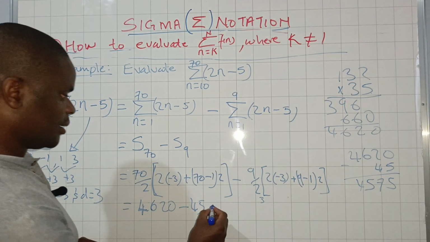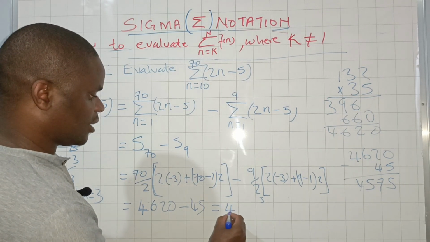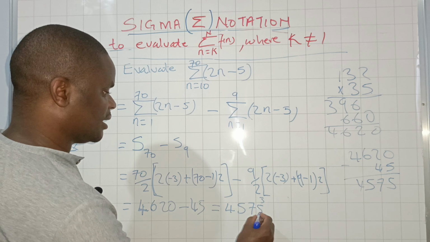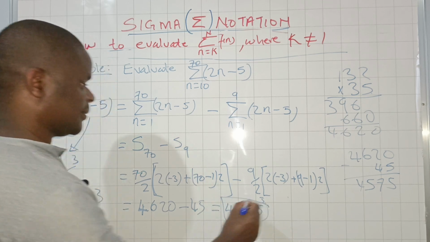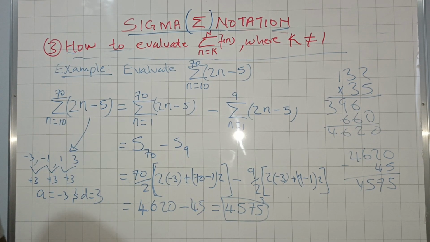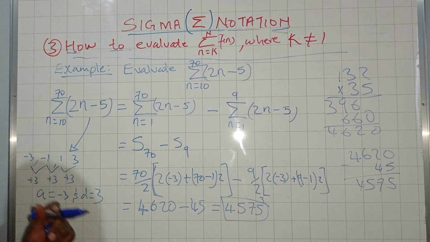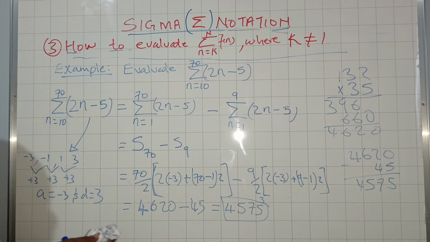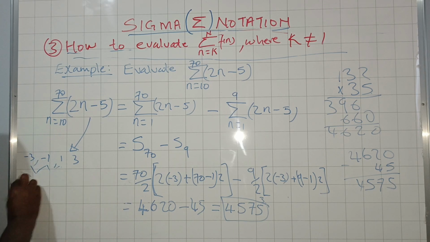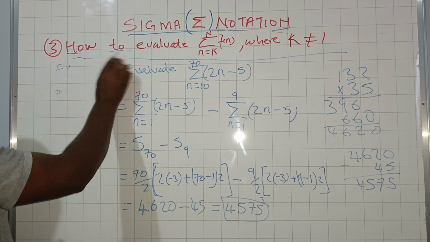So this whole thing is going to become 4,575. That is what this gives you. Hope you have understood. Just study this example. If need be, go through it one more time, watch it, and when you feel comfortable, you can then do the following exercise.